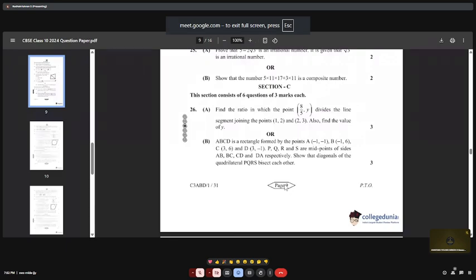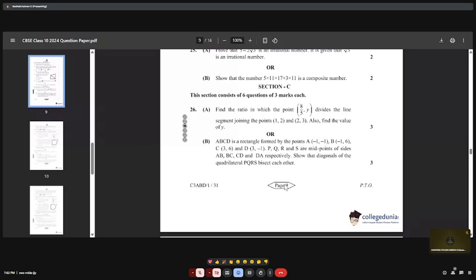I think Santosh, Veeran, Prasanna Devi, if you can do it, please raise your hand. The ratio in which this point divides this line segment, you can take either the x coordinate, because it's a straight line.